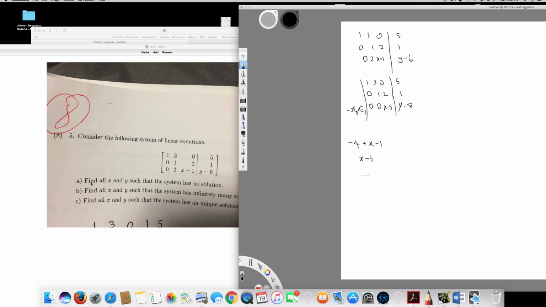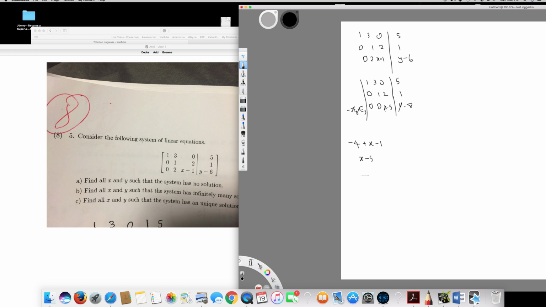The first question is asking, find all x and y such that the system has no solution. So we know if the system has no solution, it means these three numbers should be equal to 0, and if the final one has a number, then only it has no solution, because it means 0 equals whatever the number. It doesn't make any sense. So in that case only it's going to be no solution.